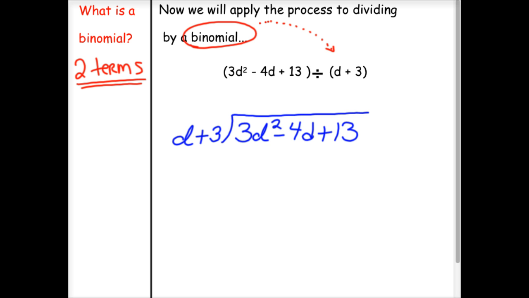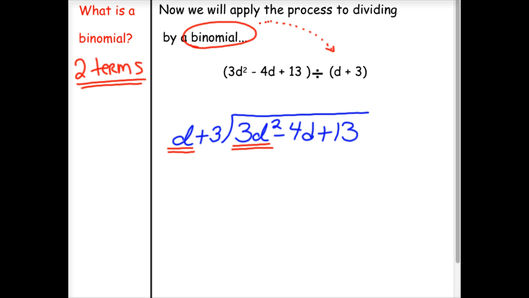So our division process, keep in mind what we did on the last page, and I want you to take your pencil, and I want you to either circle or underline. I'm going to underline, but this term that's farthest to the left, and then this d that's farthest to the left.